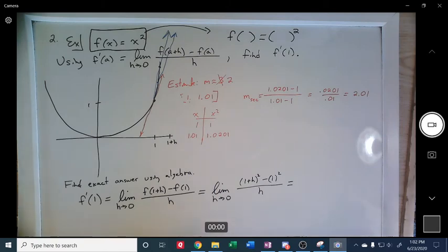And this is an algebraic manipulation of the limit. But if we plug it in right now, h being 0, we're going to get 0 over 0.